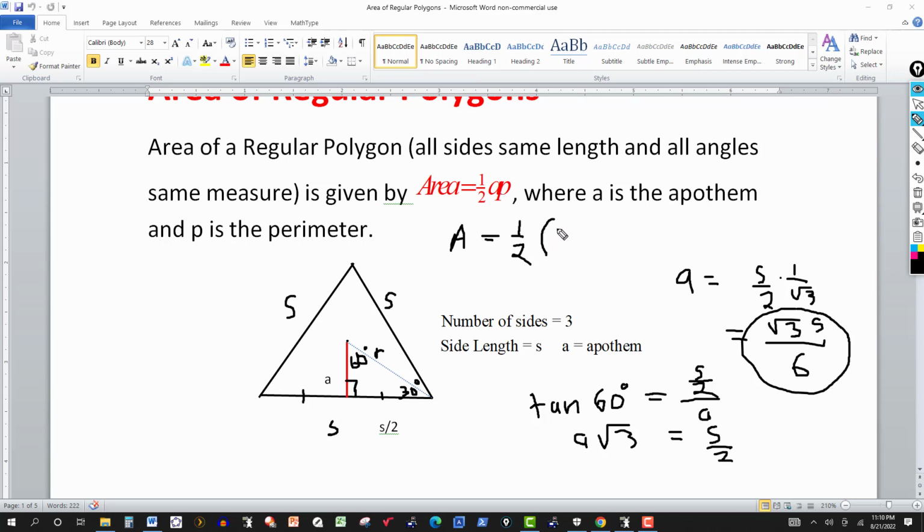So in this case, let's put it in there. It's the square root of 3 over 6 times S, times the perimeter. We have 3 sides the same length, so this will be times 3S.